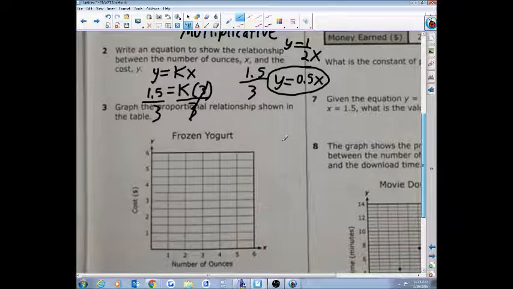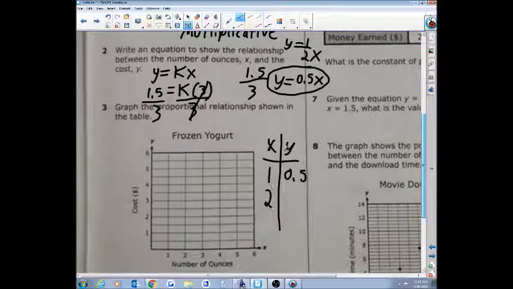Okay, so let's go ahead and make a chart for this. So we've got X and we've got Y. So we know this is our formula. So when X equals 1, 1 times 0.5, Y is going to equal 0.5. So when X equals 2, 2 times 0.5, we should know that 2 times a half is 1.